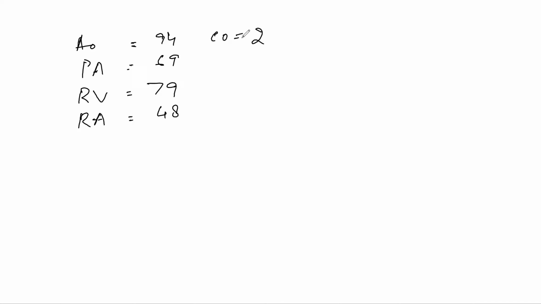Aortic oxygen saturation is 94. PA is 69. RV is 79. RA is 48. And the cardiac output is 2, calculated by thermal dilution.